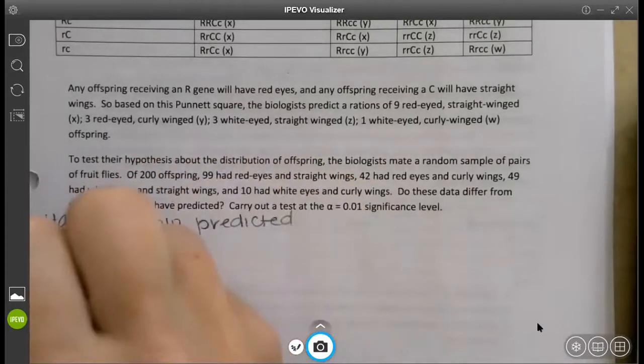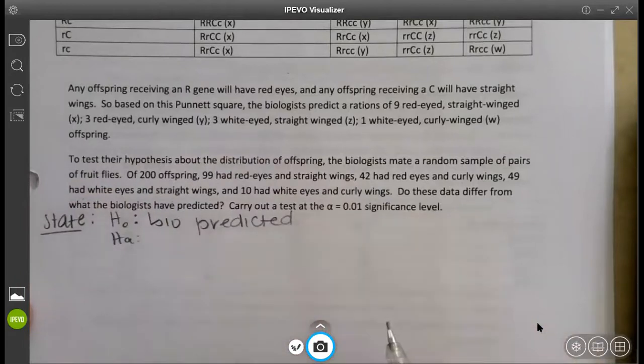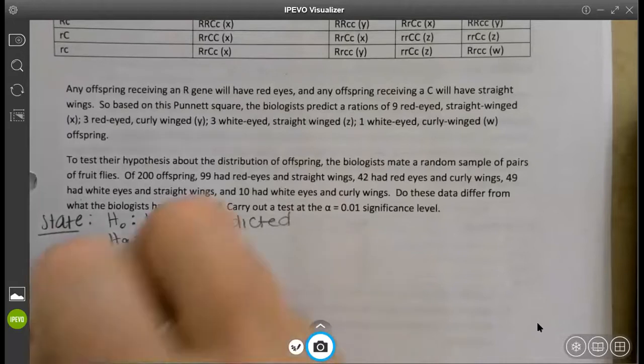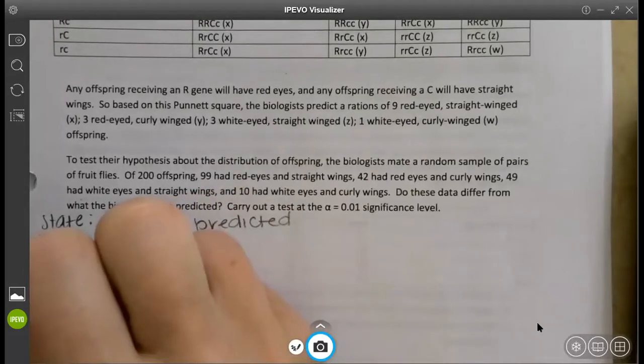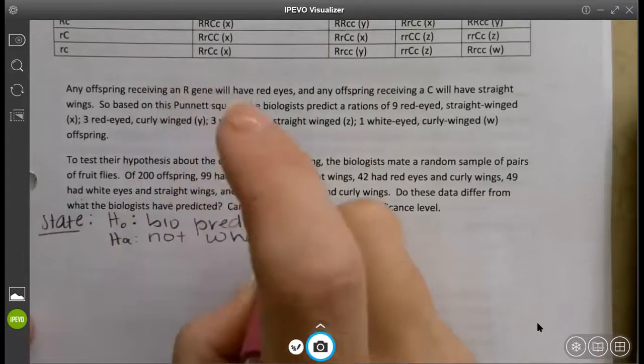You can just say the percentages that the biologists predicted, or the results that the biologists predicted. It doesn't have to be crazy. Okay, thanks. What's your alternative? You can just say not what the biologists predicted.